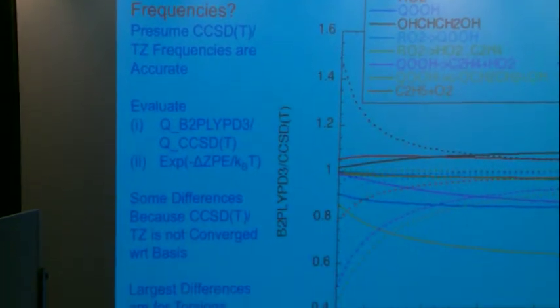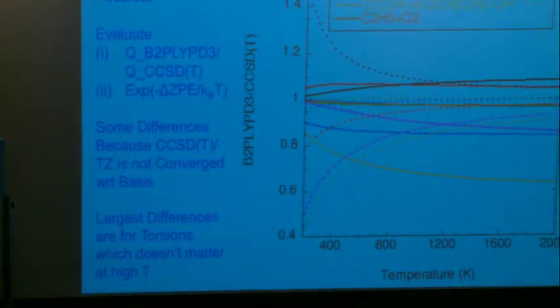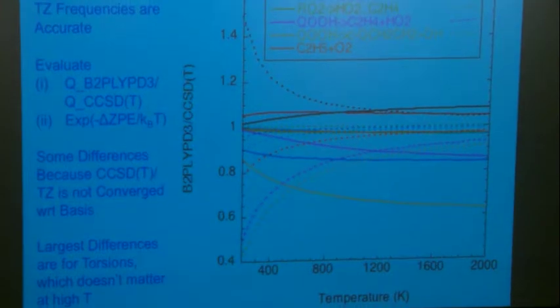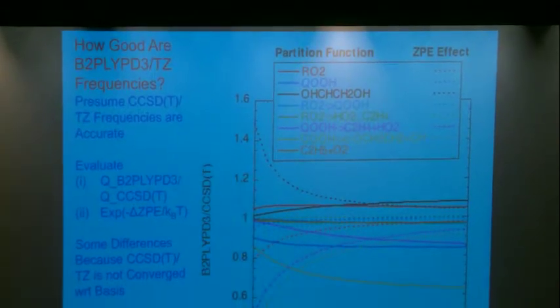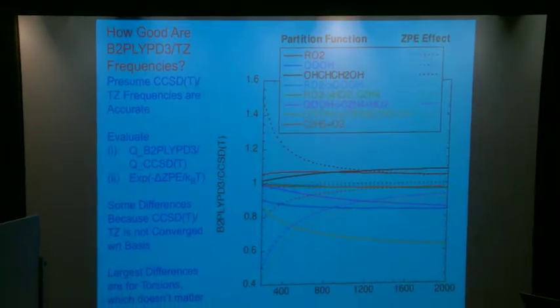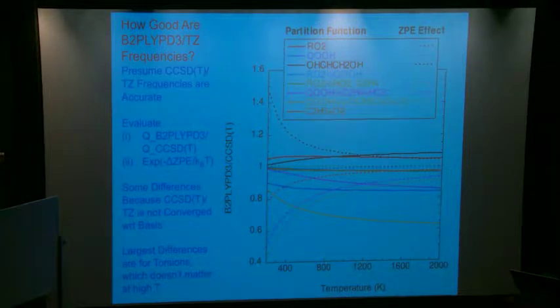Well, I'm just going to evaluate the harmonic oscillator part. I already showed you the geometries are good, which comes into the rigid rotor part. So I just took the partition function, Q equals the sum over i of e to the minus beta E_i, and I did that for all of the modes, and then evaluated the partition function as a function of temperature for these two methods for a few sample molecules.